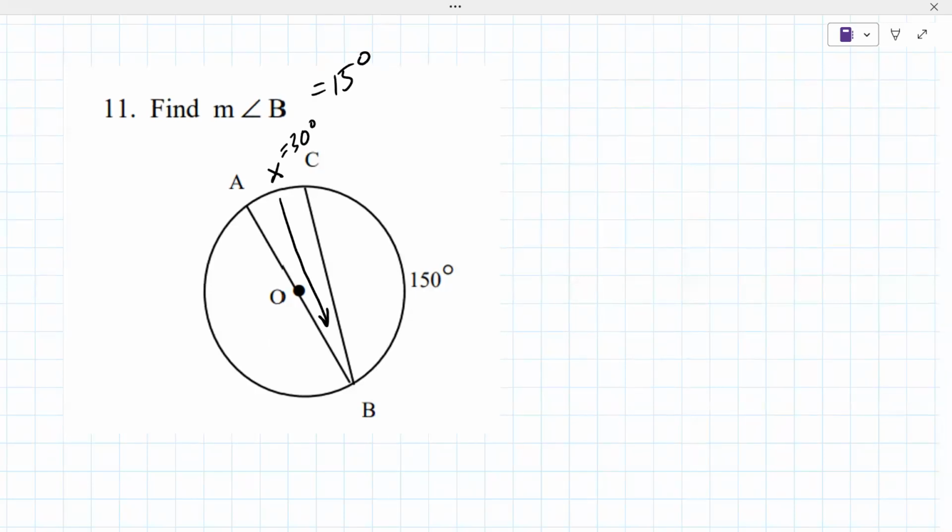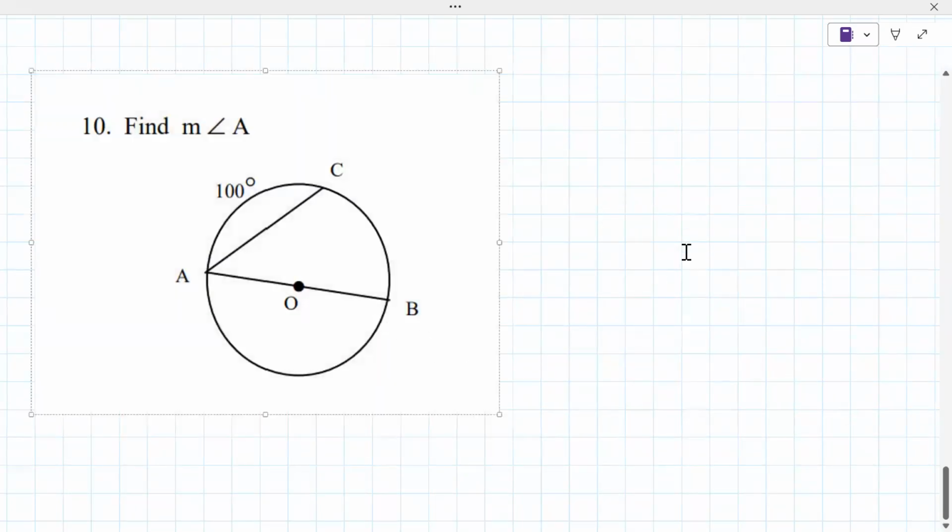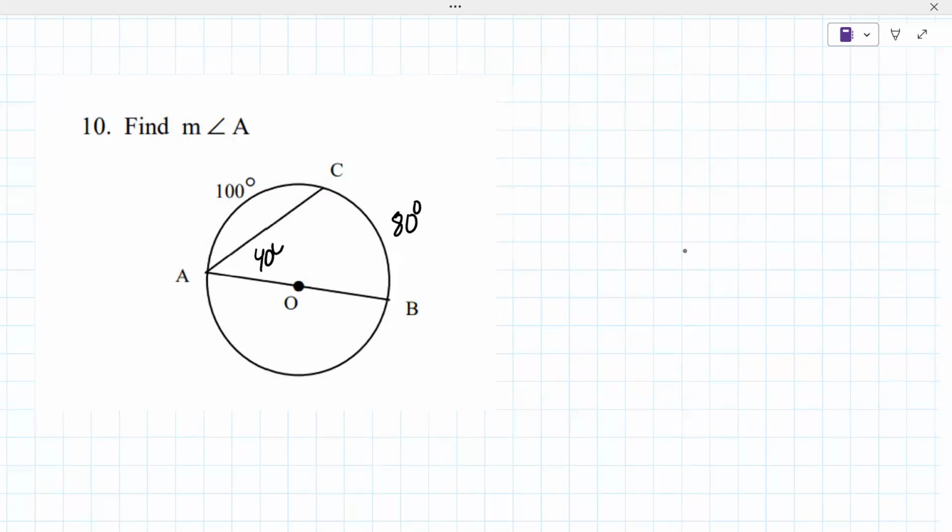Here's one for you to try on your own. I have A is 40. You are correct. Let's try one more.